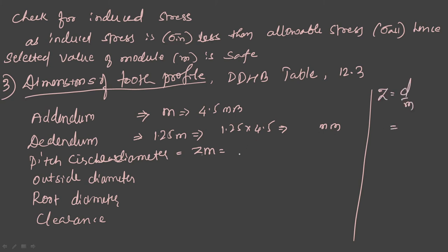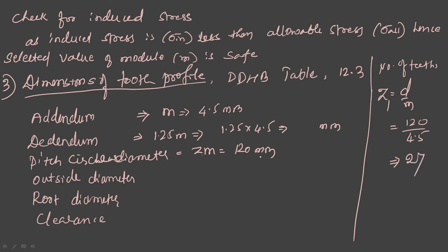Now the pitch circle diameter is 120 mm, I hope. So now you calculate z1. How much are you going to get? 120 divided by 4.5. How much are you going to get for the number of teeth here? 27, sir. Okay, 27.